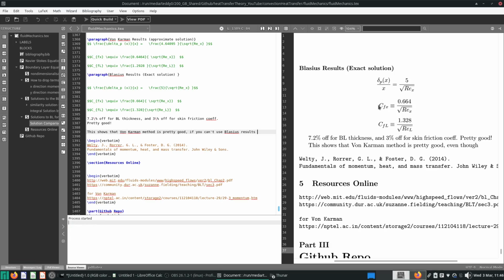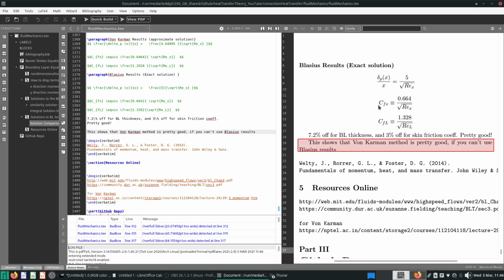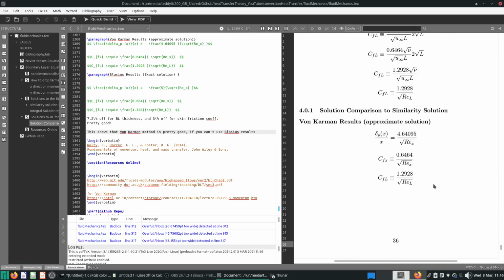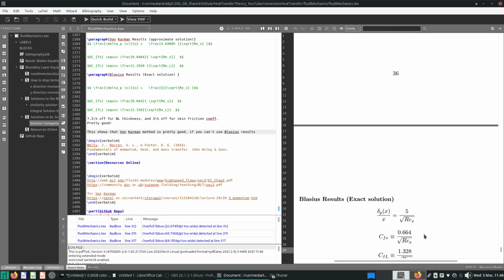If it matches for the flat plate case, we can be confident that, let's say for aerofoils, von Karman results are also pretty good in comparing these coefficients as well, so long as the boundary layers are laminar, and that's important. Boundary layers must be laminar and the fluid must be incompressible.